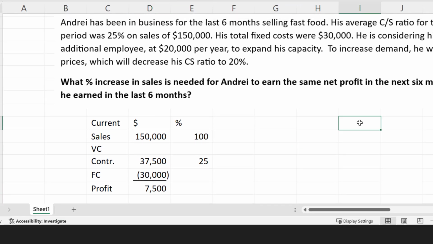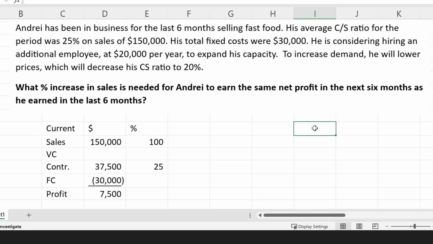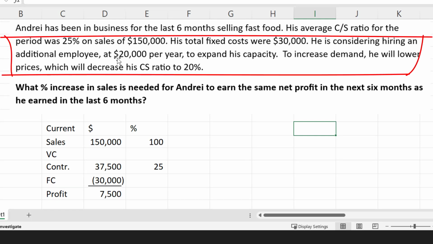Let's go back to the story and look at the changes that Andre is thinking of making. Well, he's considering hiring a new employee at $20,000 per year to expand the capacity of the business.